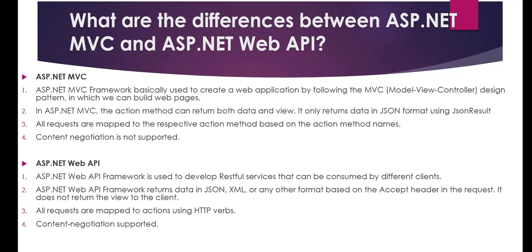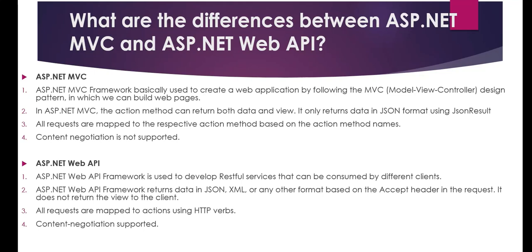So what is the difference between ASP.NET MVC and ASP.NET Web API? ASP.NET MVC framework basically is used to create a web application following the MVC design pattern, that is the model, view, and controller.